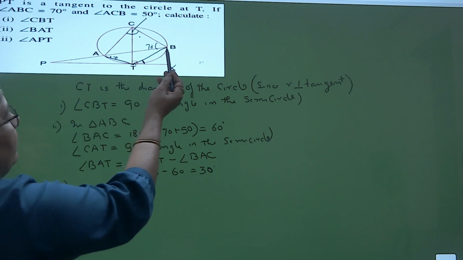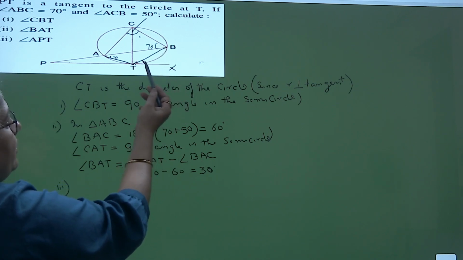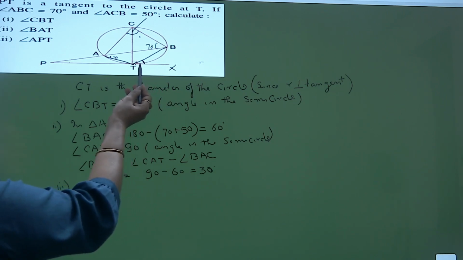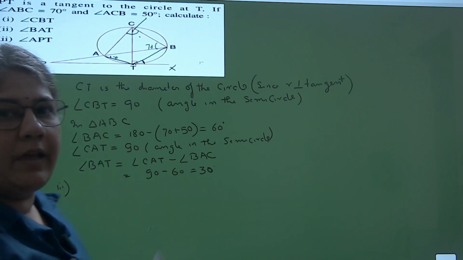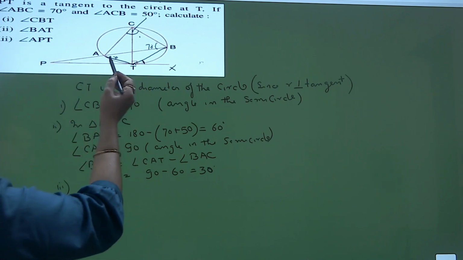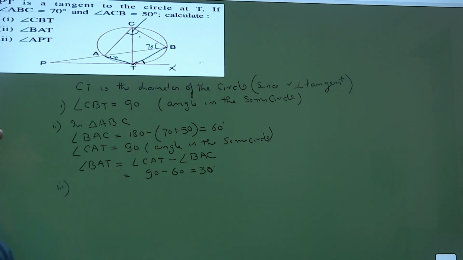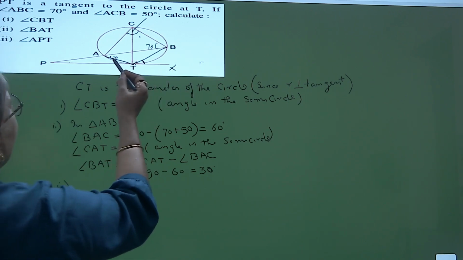See, the theorem says that the angle formed by a chord and a tangent will be equal to the angle formed by the same chord in the alternate segment. So by the same logic, if this is 30, then this angle BTX will also be 30 degrees.